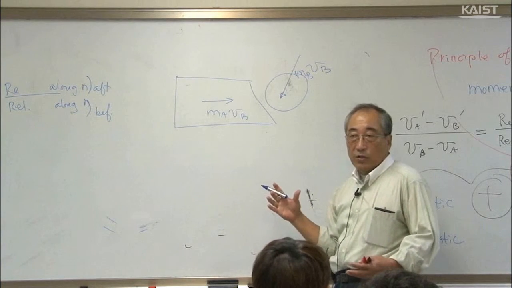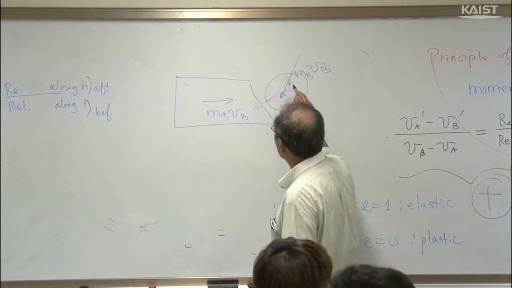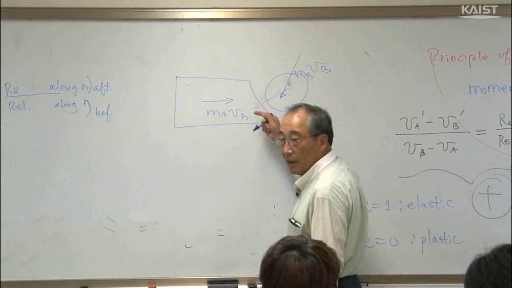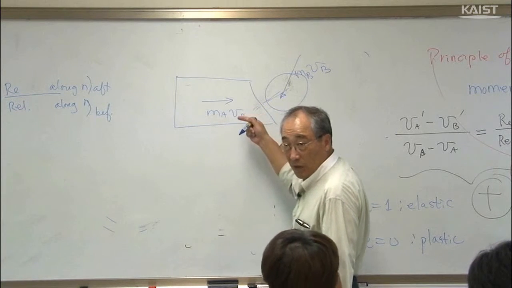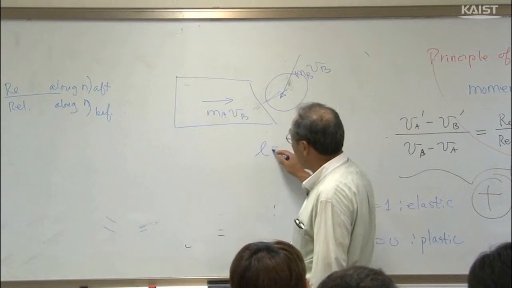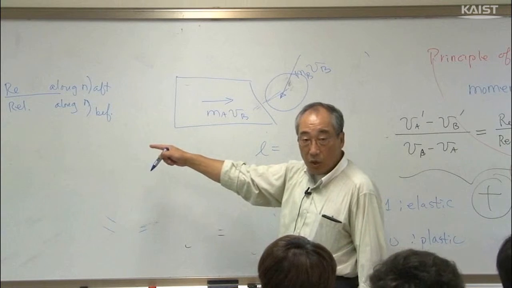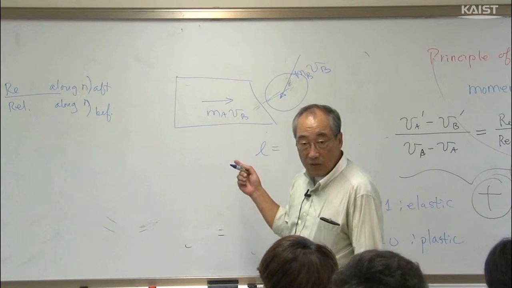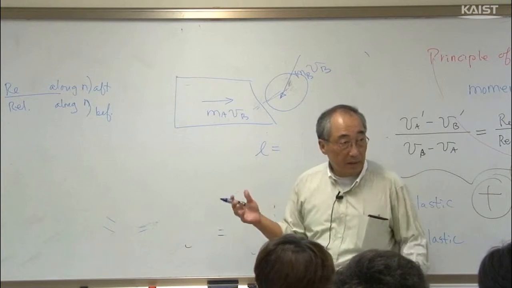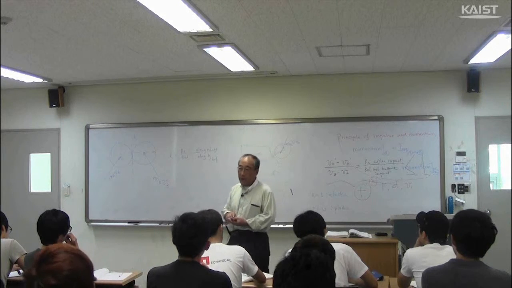The only thing you have to consider is the velocity in this normal direction. Okay? The coefficient of restitution, as I explained over there, has to be applied to this normal direction only. That's the key thing you have to remember.